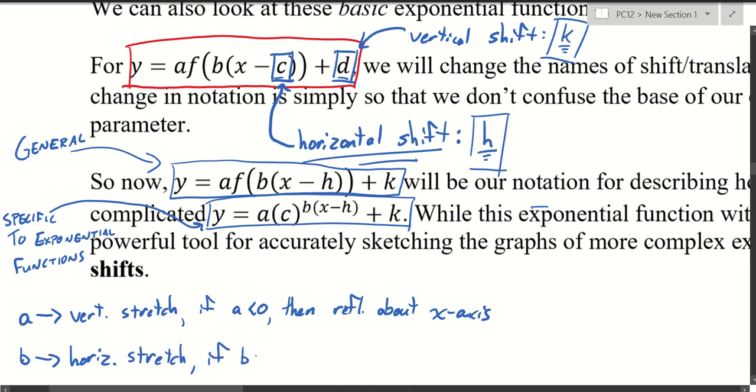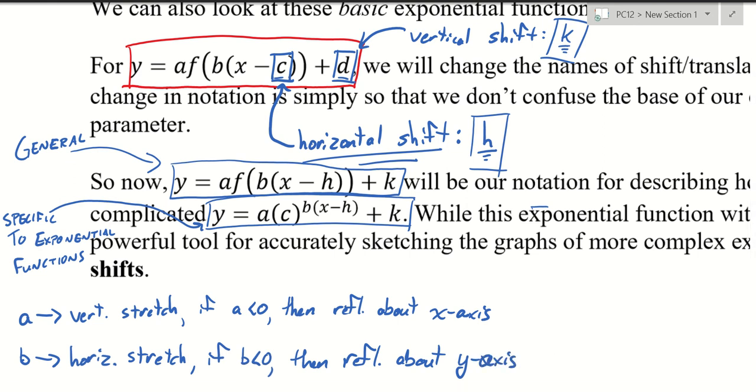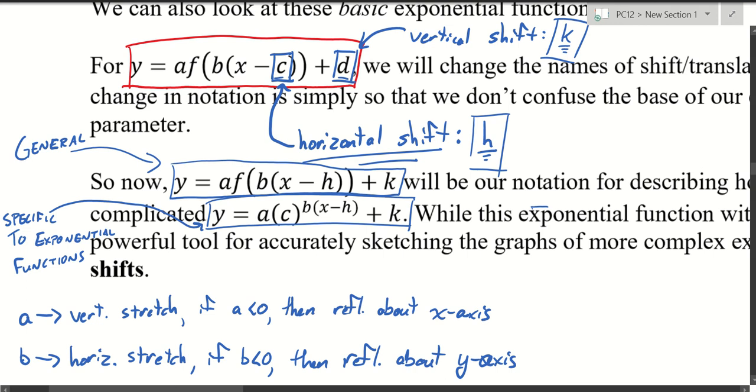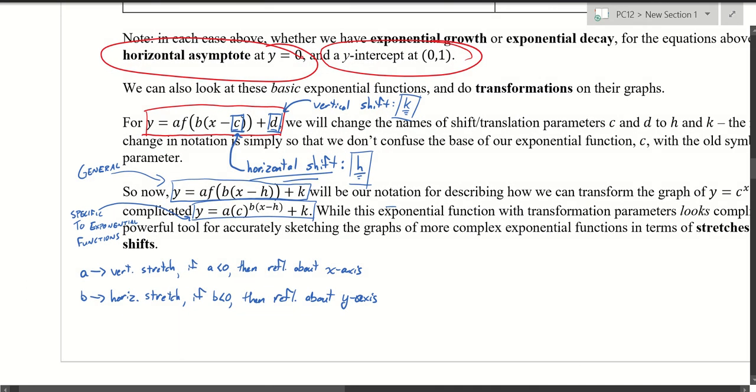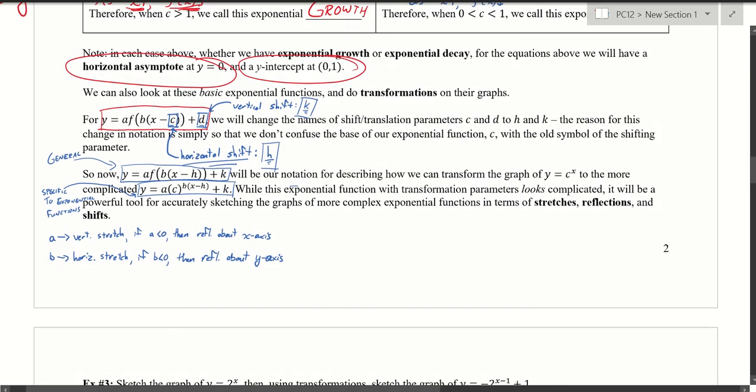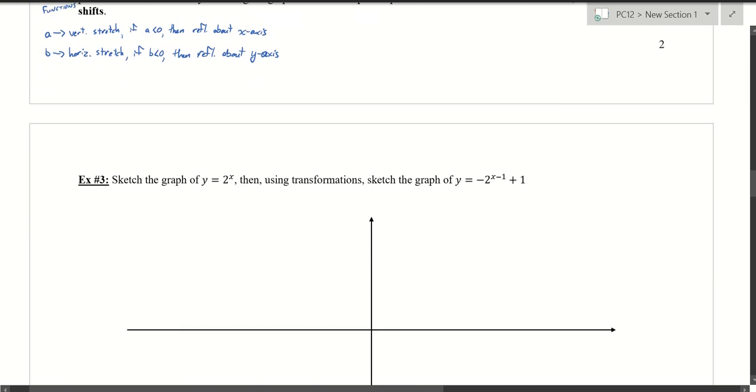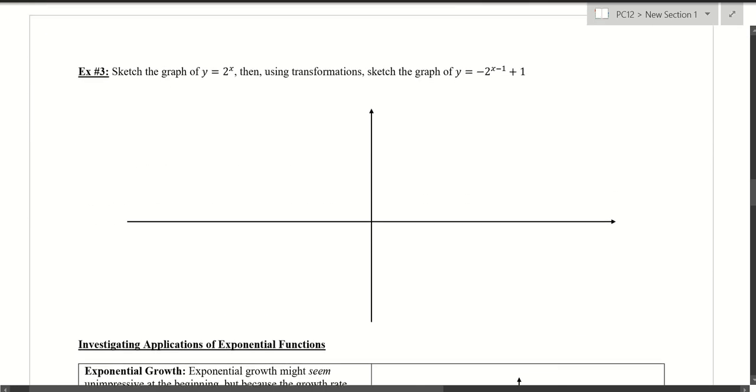And if b is negative, then we have a reflection about the y-axis. So the y-axis is what's acting like a mirror, and the x values of your graph will all change their signs. Okay, so these will be some powerful tools for controlling and modifying our exponential functions and their graphs.